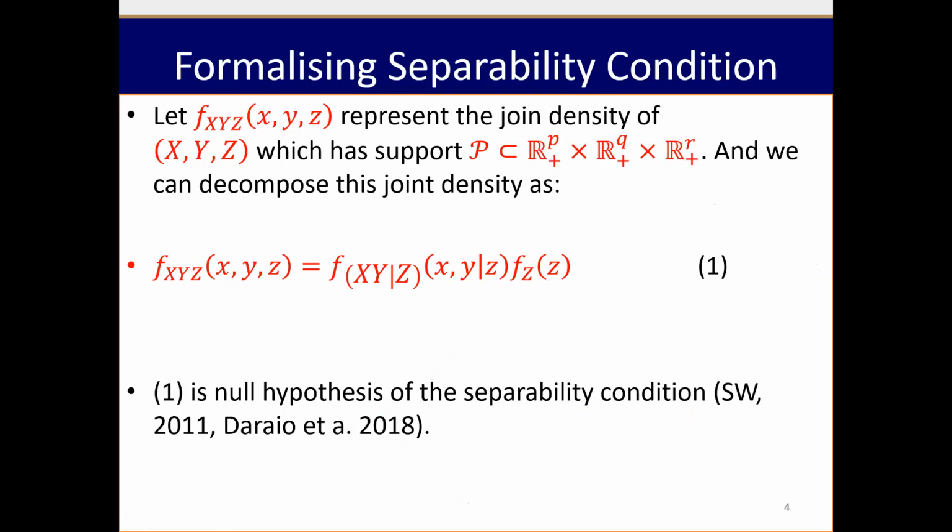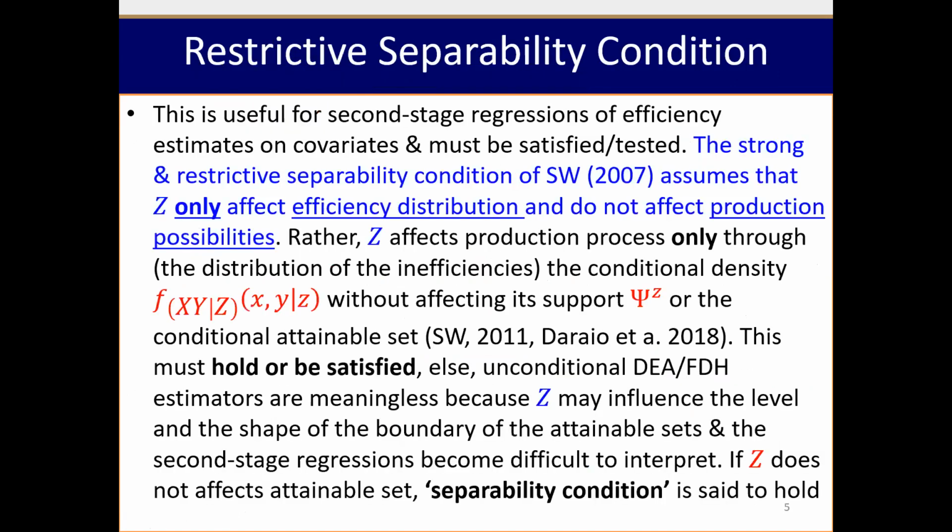The separability condition, I will not bore you so much, but I want you to know the theoretical underpinning a little bit. Because of the restrictive separability condition, you just have to know it. In general, it says that it should be possible to separate the Z variables, that is those environmental factors, the covariates. It should be possible to say that they did not truly influence the first stage analysis.